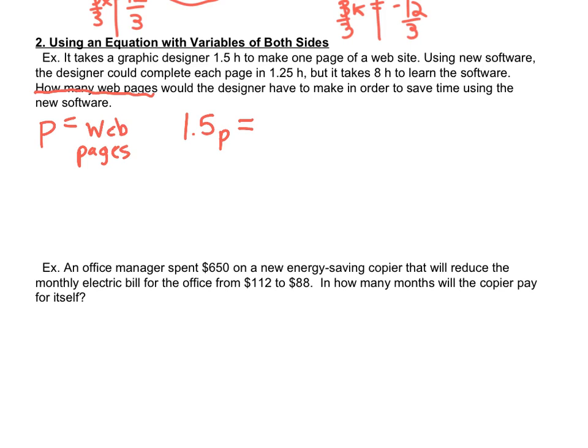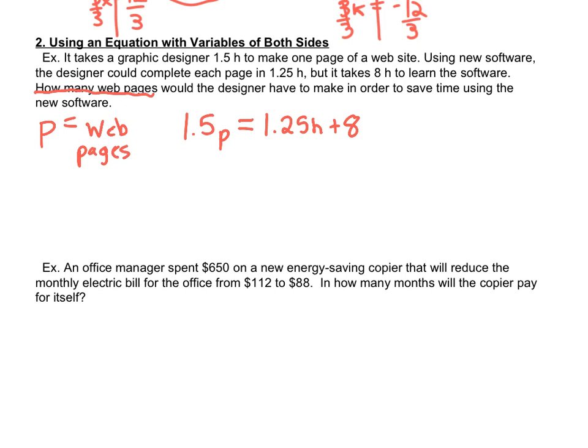That's how many hours it takes to make a certain number of pages. Using the new software, he could complete each page in 1.25 hours. So that would be 1.25 times h, but it takes him 8 extra hours just to learn the software. So that adds 8 hours to his time.